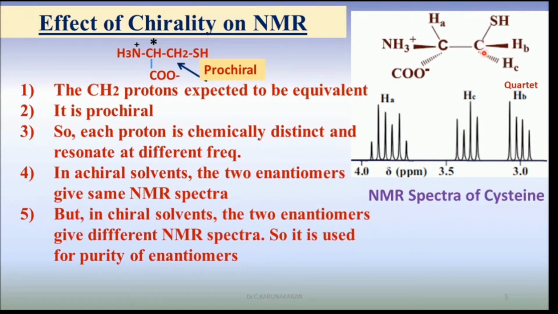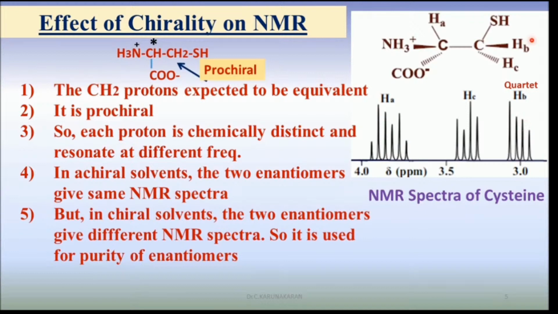The methylene carbon atom is pro-chiral. If you look at the 3D structure, the methylene protons are not chemically identical. They are chemically distinct and therefore resonate at different chemical shift values, as you see here.